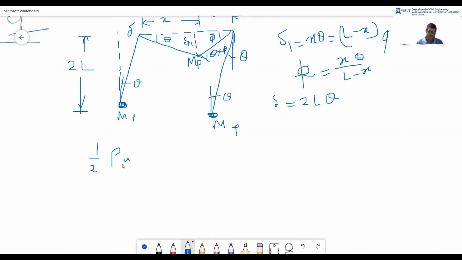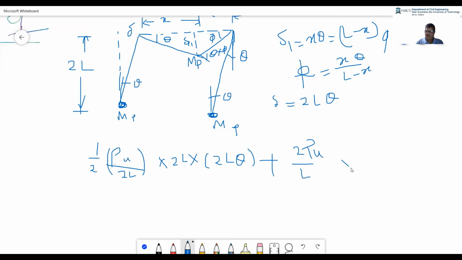Half, PU by 2L, multiplied by 2L, multiplied by 2L theta, plus 2 PU by L, multiplied into half, L. So this is the external work done, EWD.